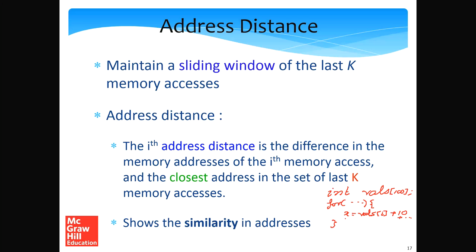It doesn't matter. Then I can have some more lines. After that, I'll come to the next iteration of the for loop, increment i, and then access vals[i+1]. When I access vals[i+1], I will look at my sliding window of the last k accesses, right?